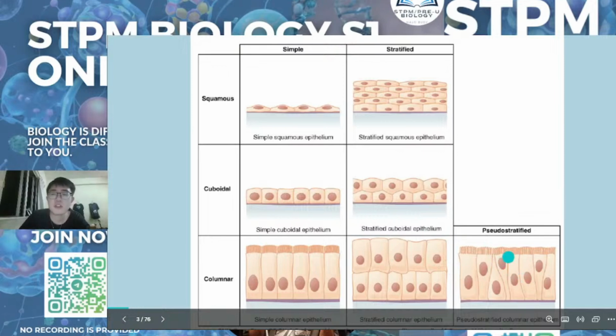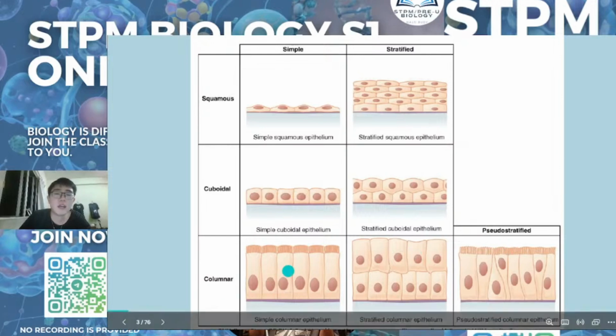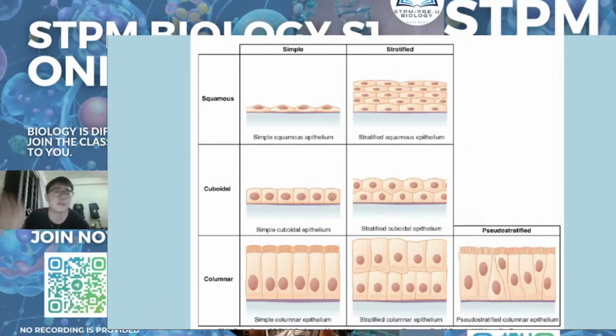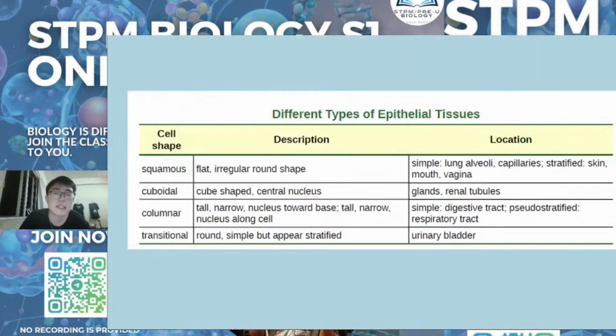It seems like it has 2 layers, but actually it only has one layer. Later we will look at it further. This is just the general structure. You should know how to draw it. If the examination wants you to draw, you should know how to draw all this.